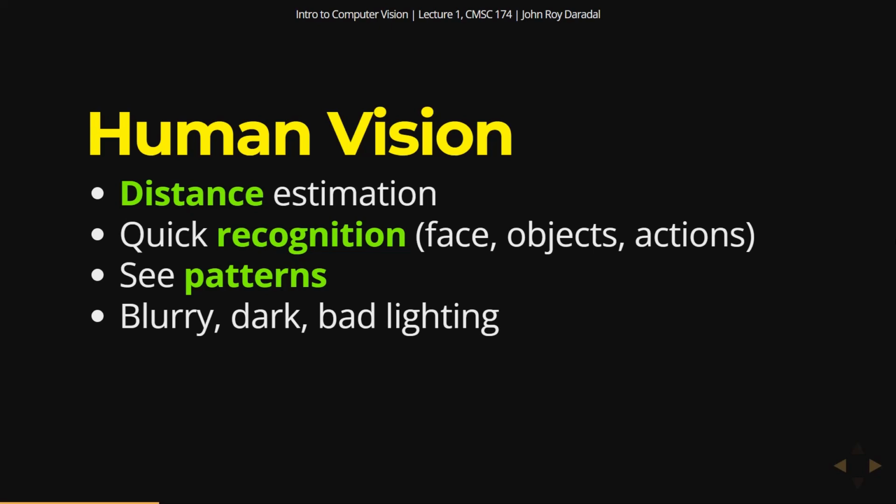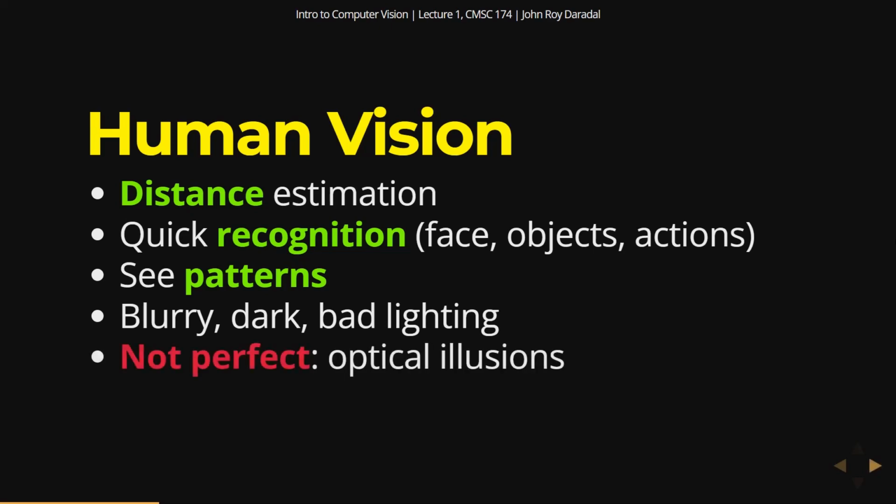Or even in dark or bad lighting, we can still somehow see silhouettes or shadows, which tells us that there is something there, right? So even in bad settings, human vision still works.